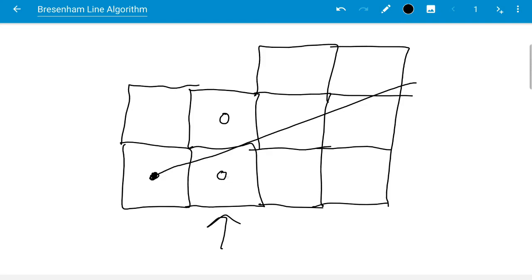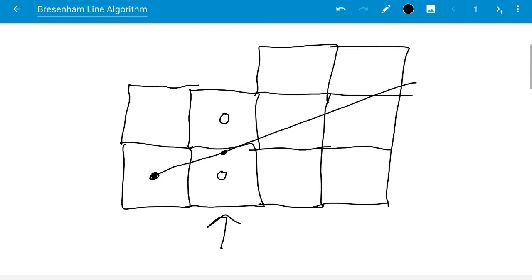So what we want to do is compare to our ideal line. We know what y coordinate the perfect math line would have. So we can compare that to our guess, this y plus 0 coordinate. If the y plus 0 coordinate is too far away from our ideal line, then we should use our y plus 1 instead.